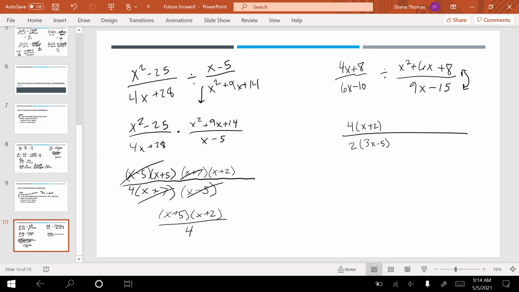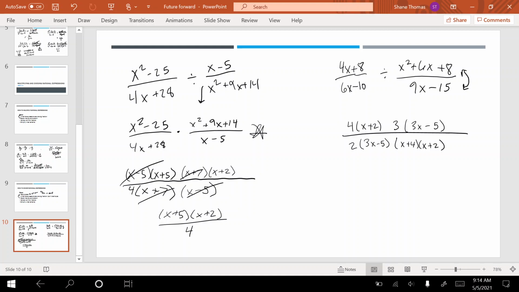Bring a 3 out, 3x minus 5, because I've got to flip it. Then top right, I have 2 and 4: x plus 4, x plus 2. You all right with that? This is flipped. I just took away this step right here. I saved myself a step. If you need to put that step in there, by all means, do it.